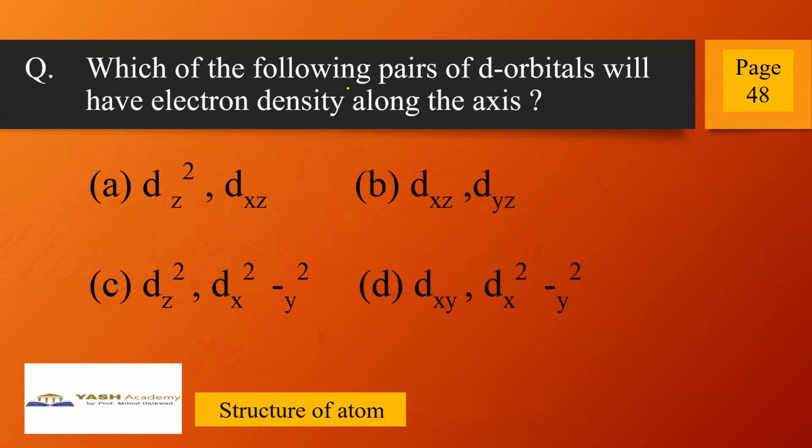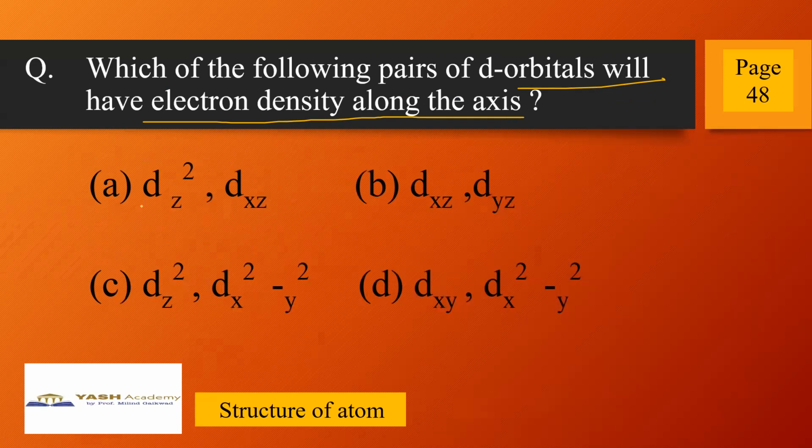Next, which of the following pair of d orbitals will have electron density along the axis, meaning their lobes lie on the axis? This question is from structure of atom, page 48.